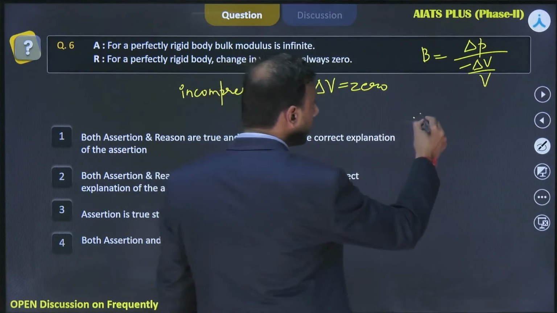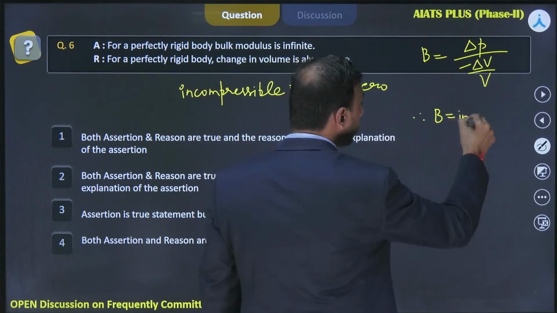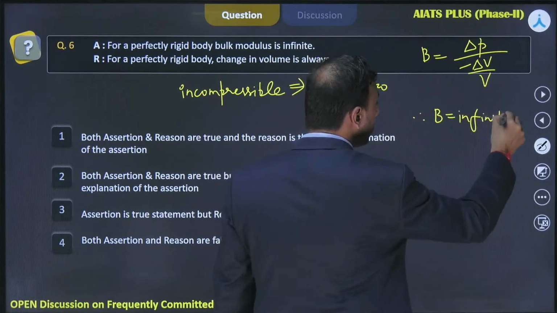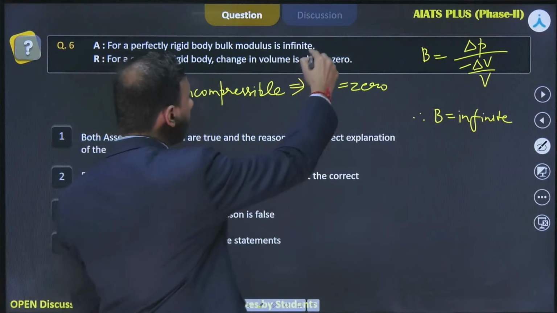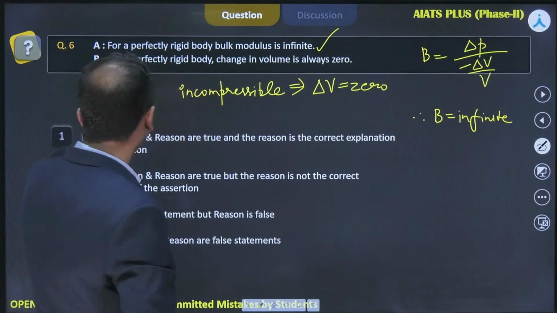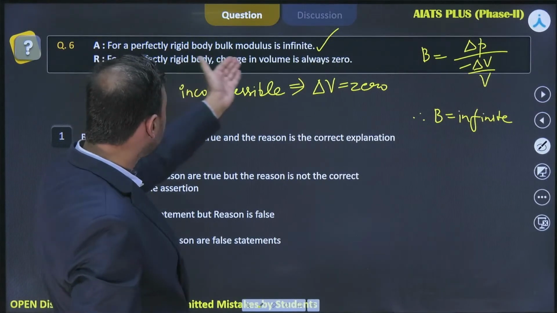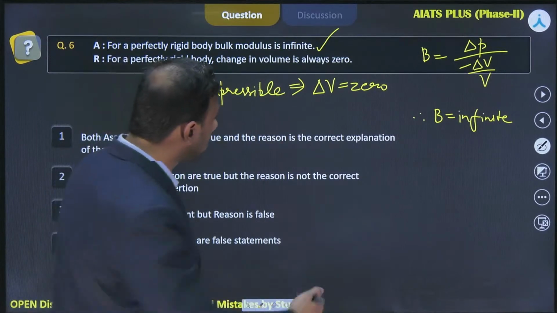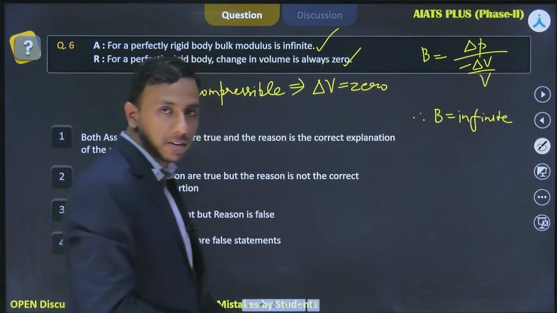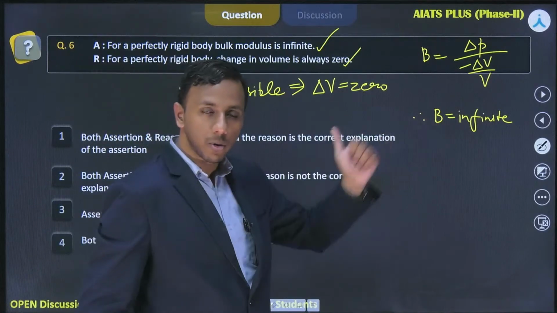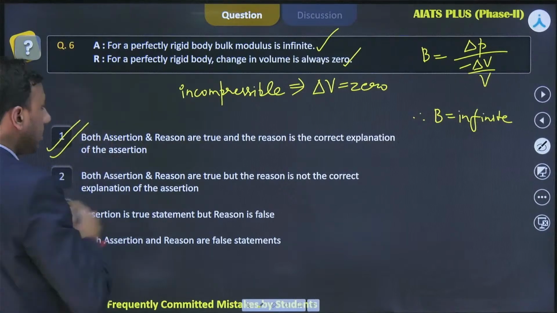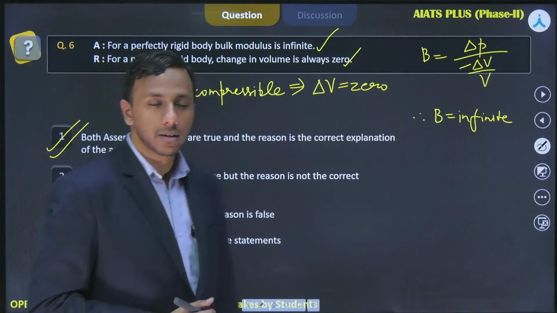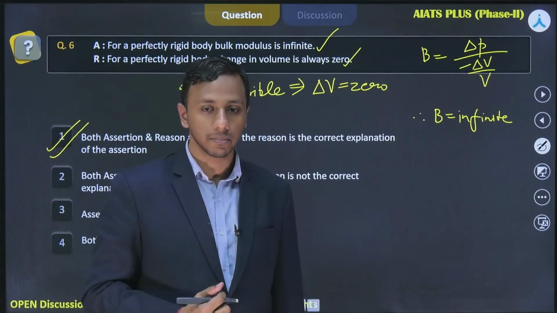Infinite. Right? Because anything divided by 0 would become infinite. So this is correct. And the reason, change in volume is always 0, that is also true. Change in volume is 0. That is why bulk modulus was infinite. So the correct answer would be yes, reason is the correct explanation of assertion.